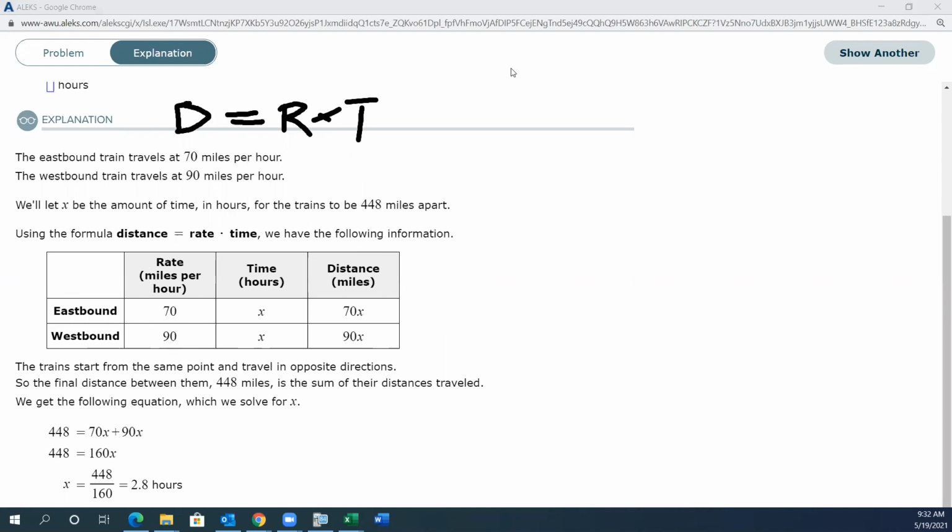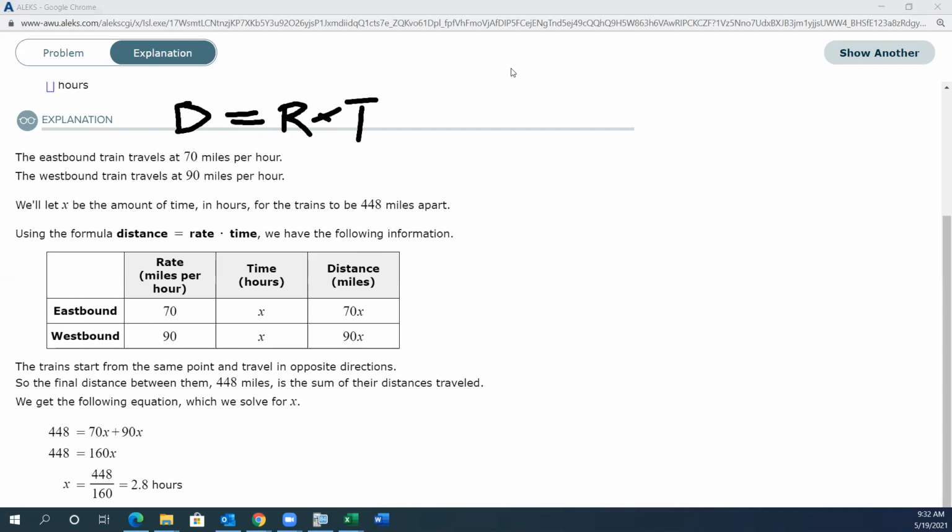There's always going to be two scenarios. Sometimes the two scenarios are upstream and then downstream. Sometimes the scenarios are with the wind and against the wind. Here it's eastbound and westbound. Those are my two scenarios.